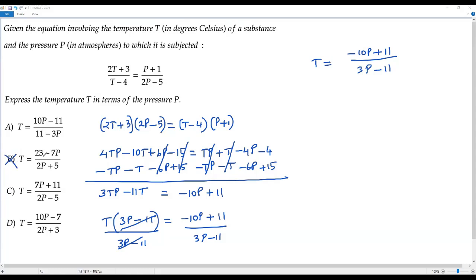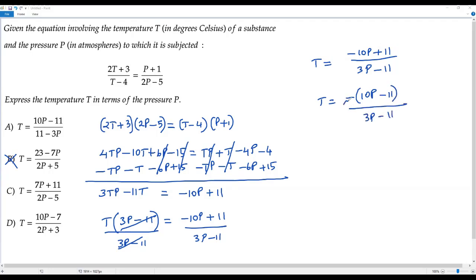Okay, when I consider the remaining three options, A, C, and D, in all three remaining options, in the numerator the term which contains P has a positive sign. So we have to make this negative 10P positive in our answer also. For that, I am going to factor the negative sign out from the terms in the numerator. So when I factor the negative sign out, this negative 10P will become positive 10P, and this positive 11 will become negative 11, over 3P - 11.